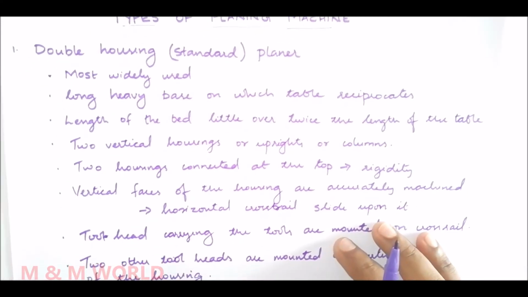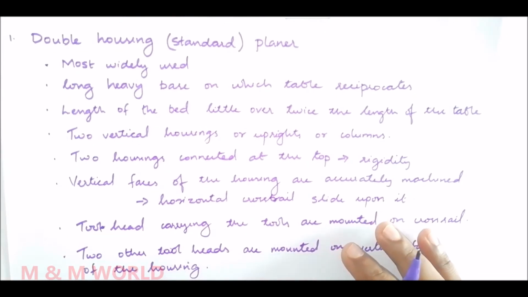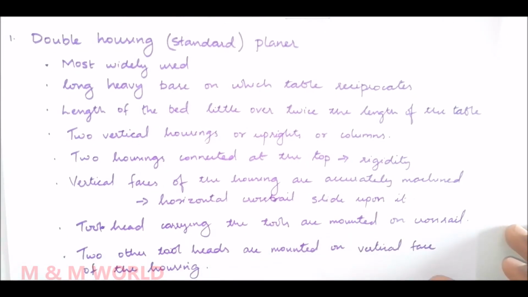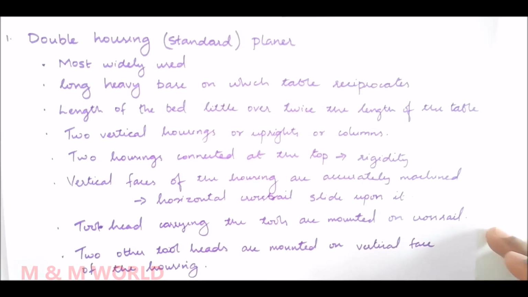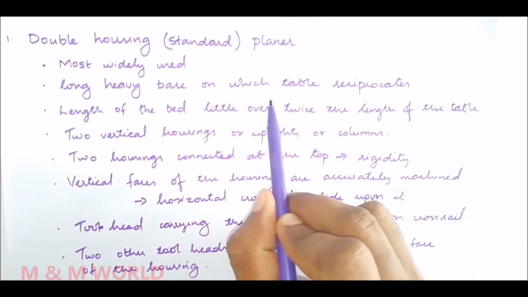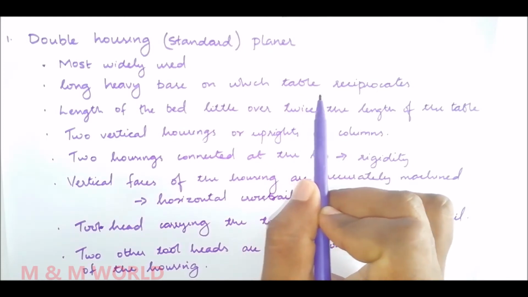First one is double housing or standard planer. This is the most widely used type of planing machine, and it has a long heavy base on which the table reciprocates.